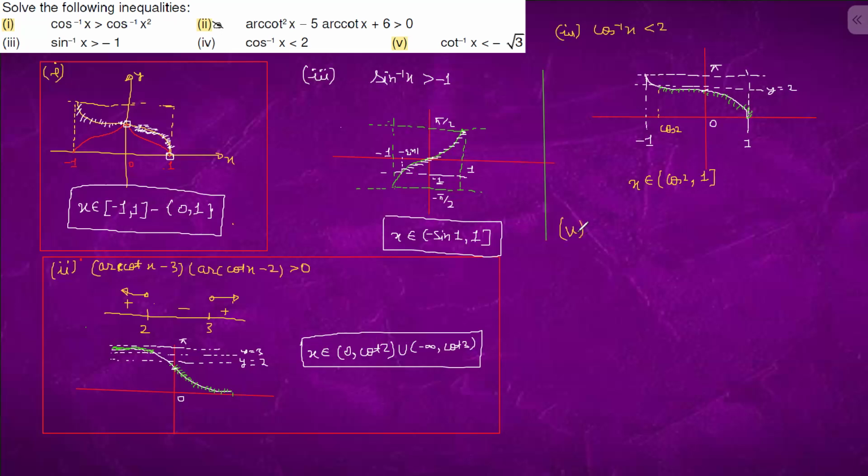Question number 5. Cot inverse x is less than minus root 3. We will be having a coordinate axis. All the questions are solved using graph only, okay? So the cot inverse x graph is this.